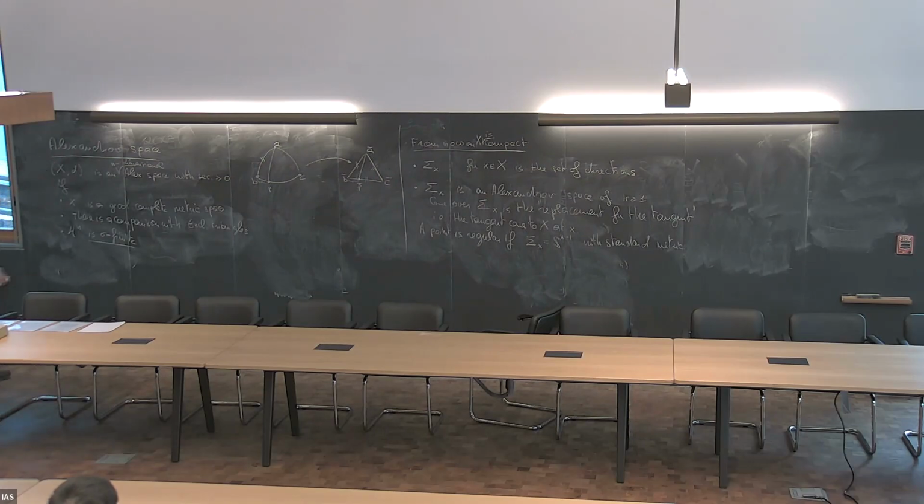Some intuition here, though, is if you're just in a regular space, the tangent cone always has curvature one. I mean, the unit sphere of the tangent cone. Yes, in this case, however, we have an inequality.